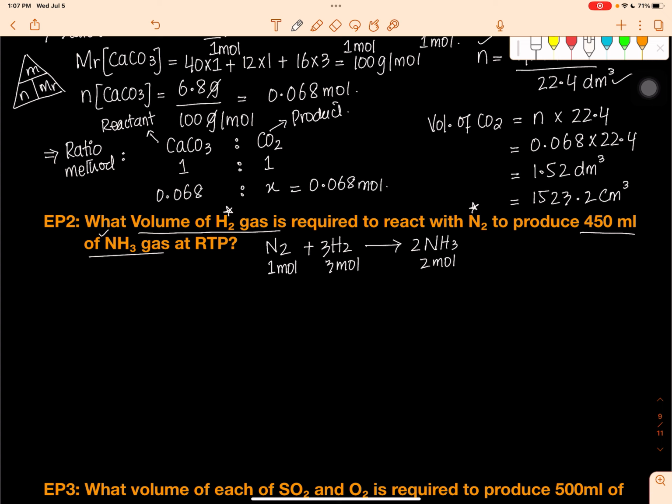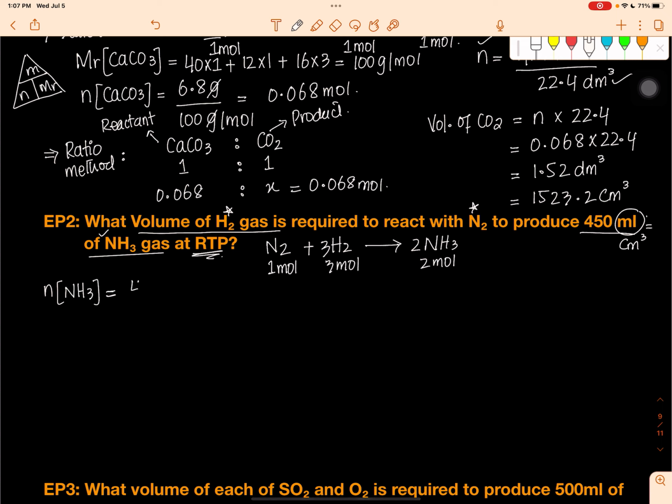First we need to find out the number of moles of ammonia, and for that, you see this is at RTP, so we will be using RTP. We have 450 mLs. ml is equal to cm cube. This means that we will be using 24,000 cm cube.